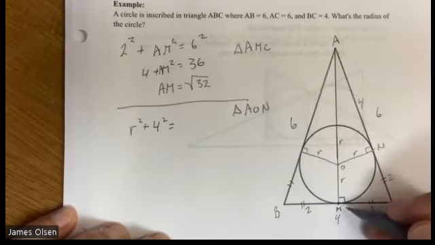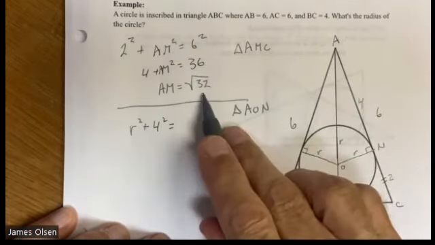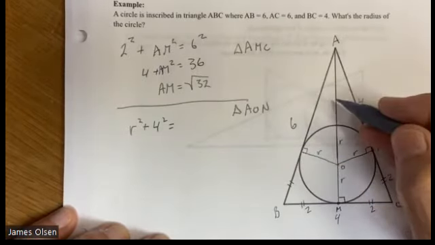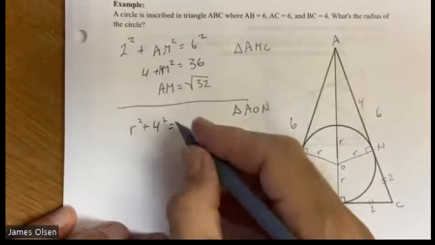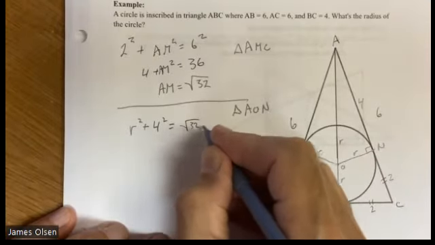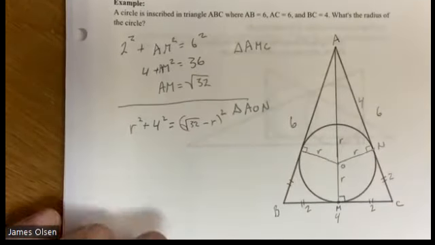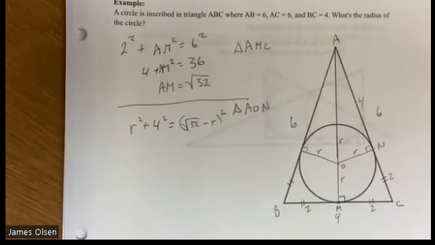The entire AM we found to be root 32, but I'm going to be subtracting R so that I get AO. So it's going to be root 32 minus R. There's the Pythagorean theorem. And now, once again, pause the video and see if you can complete that.